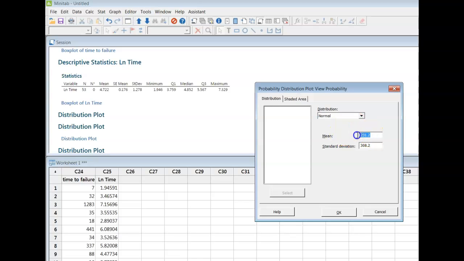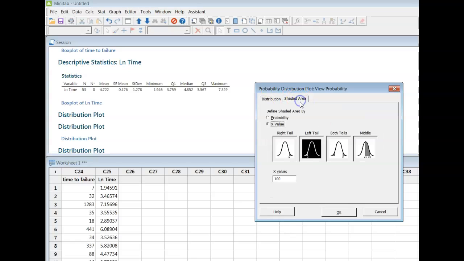All right, so let's plug this in again. The mean this time for the log data is 4.722 with a standard deviation of 1.278.